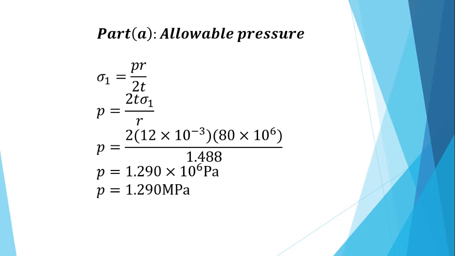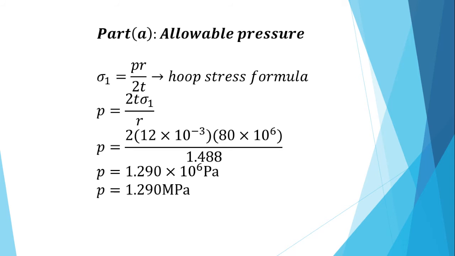For part A, in order to get the allowable pressure, we will use this hoop stress formula, which is sigma sub 1 equals pr over 2t. By using this formula, we can formulate another formula in order to get the allowable pressure, which is p equals 2t times sigma sub 1 over r.